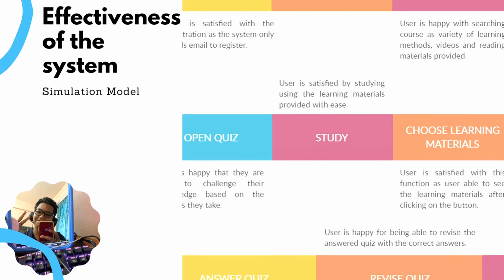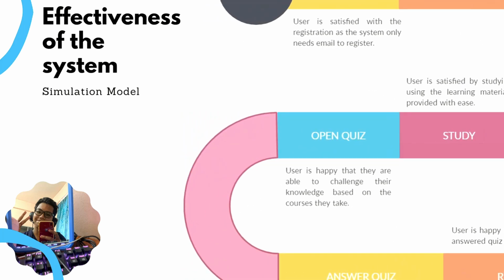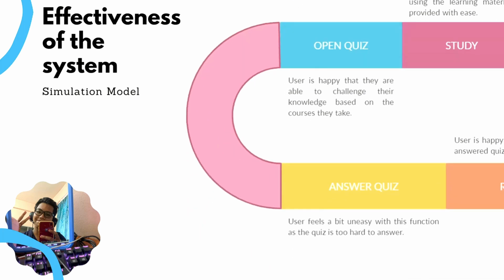The user is satisfied by studying using the learning materials provided, since the process of studying is made easy with these learning materials. Next one is open the quiz, where the user is happy that they can actually challenge their knowledge based on the courses they take.